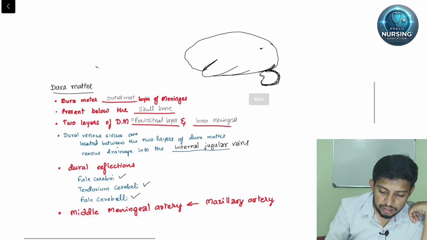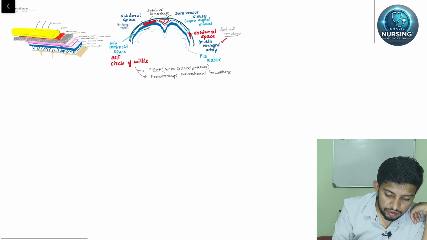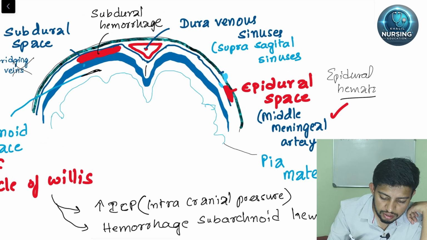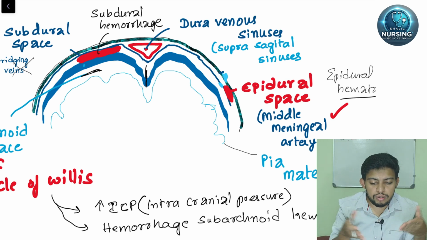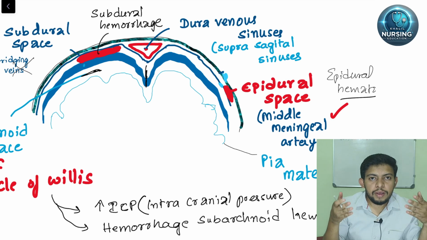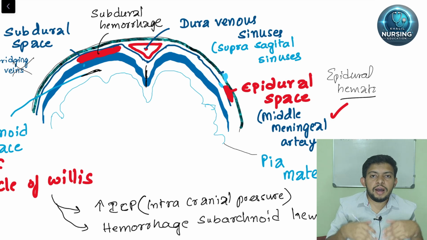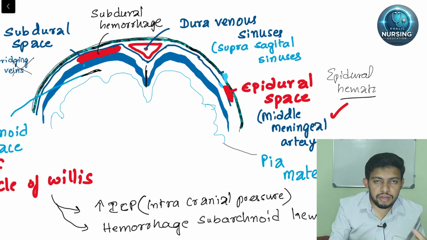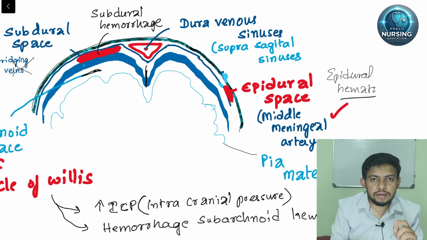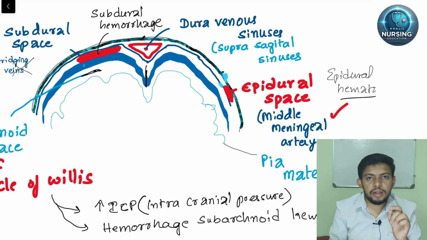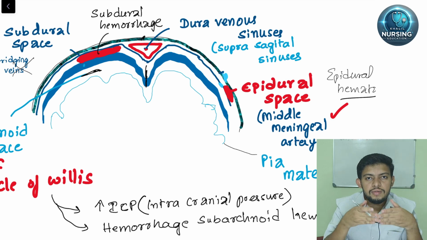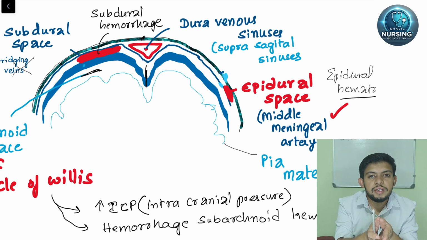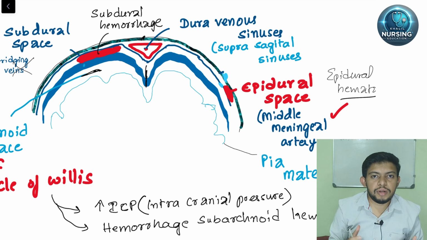Now, if it divides here, look carefully: this dividing of the dura mater, the meningeal layer of the dura mater and the other layers except the periosteal layer, are connected, and it is separating the two cerebral hemispheres.